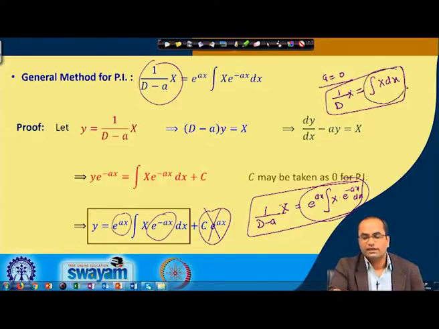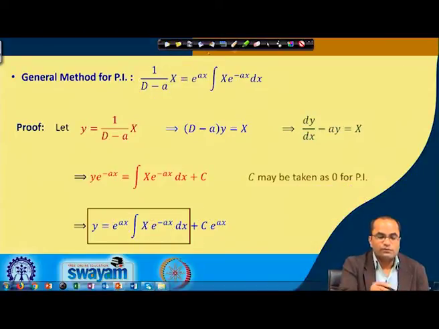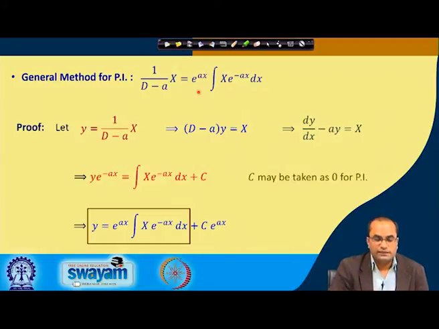So, 1 over d operated on x is nothing but the integral of x with respect to x. This is a more general formula: rather than 1 over d, we have 1 over d minus a operated on x, and the value is e power a x times the integral of x e power minus a x.